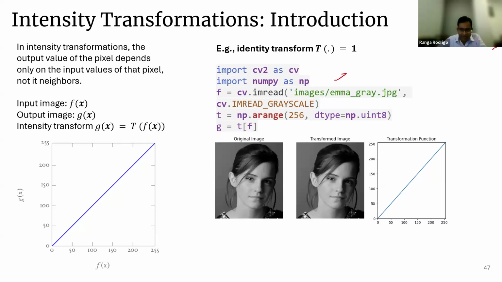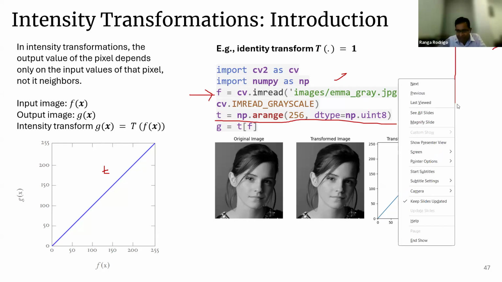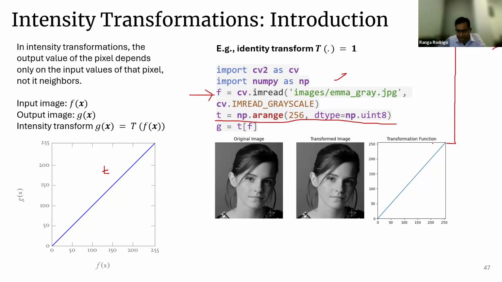As you can see, we have opened the image here, call F. And then we have this T, this transformation T. You can see np array 256. What that means is it will give me an array of this nature. When you do the Python tutorial, you will understand these things.